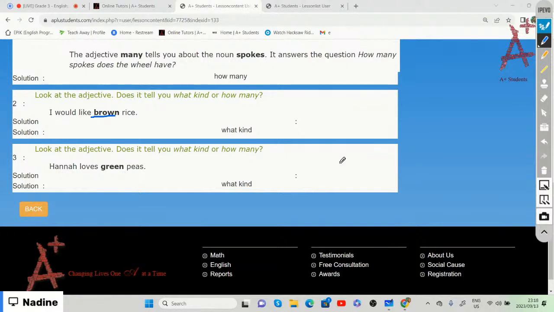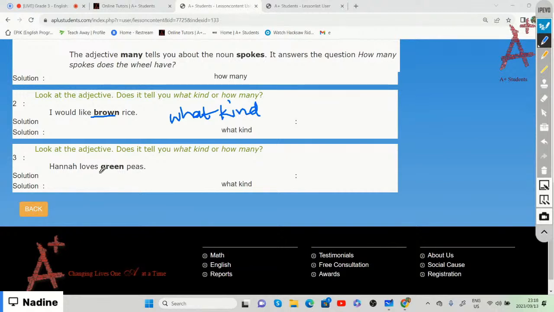So if we read the sentence, I would like brown rice. Instead of just saying I would like rice, this person is saying I would like brown rice, which means that they are saying what kind of rice they want.